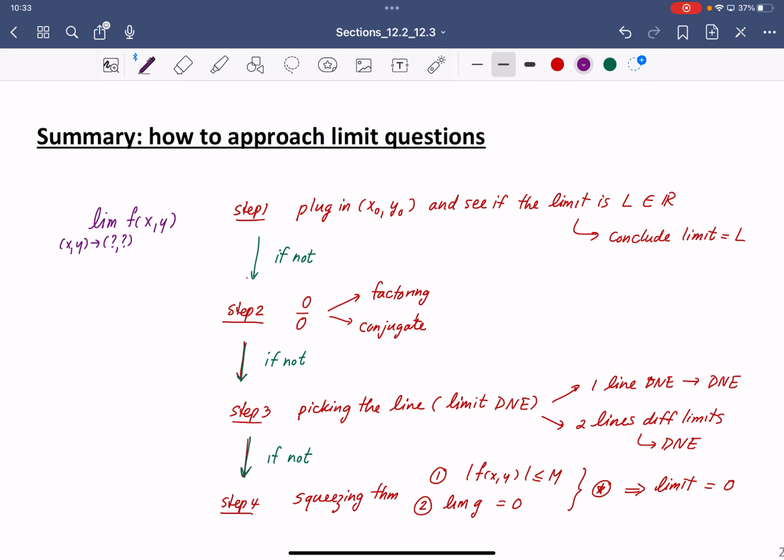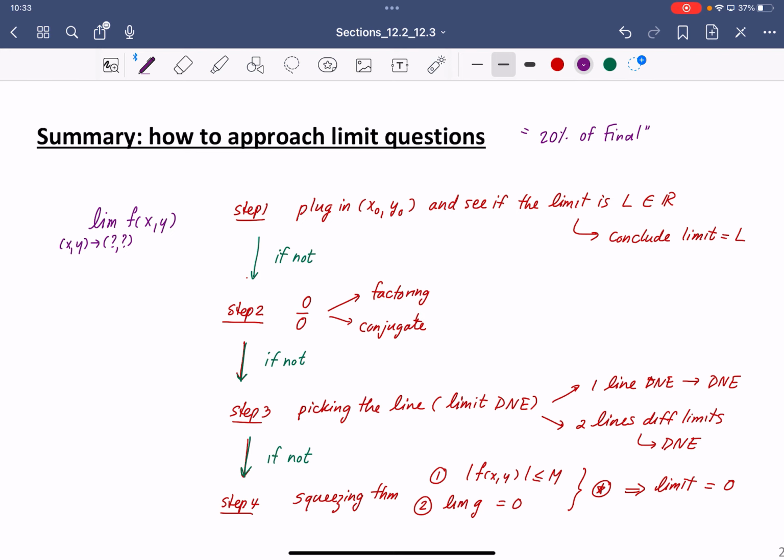Does it make sense? To compute the limit here, 20% of the final is just going to be computing the limit. 30% is going to be on differentiation, and 50% is going to be integration, because integration is much more interesting.